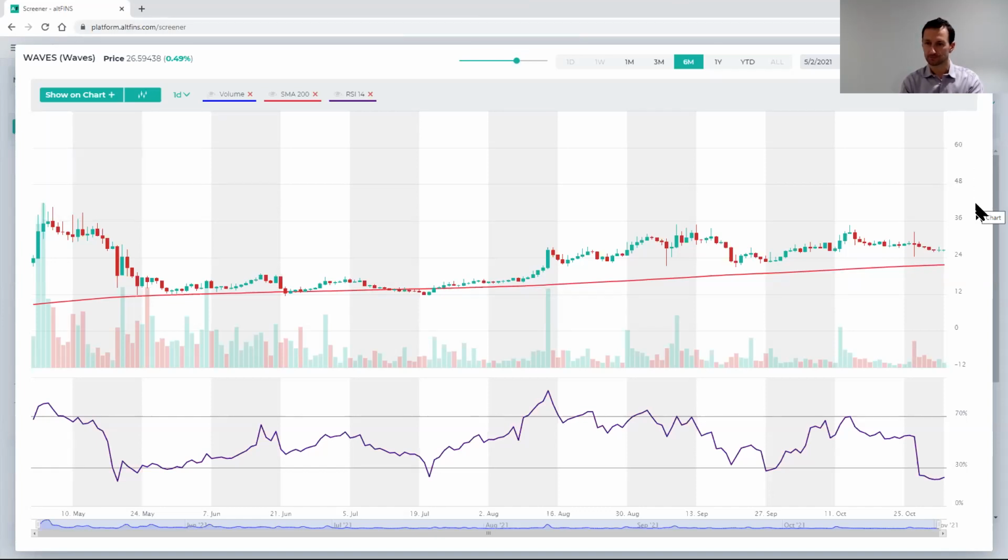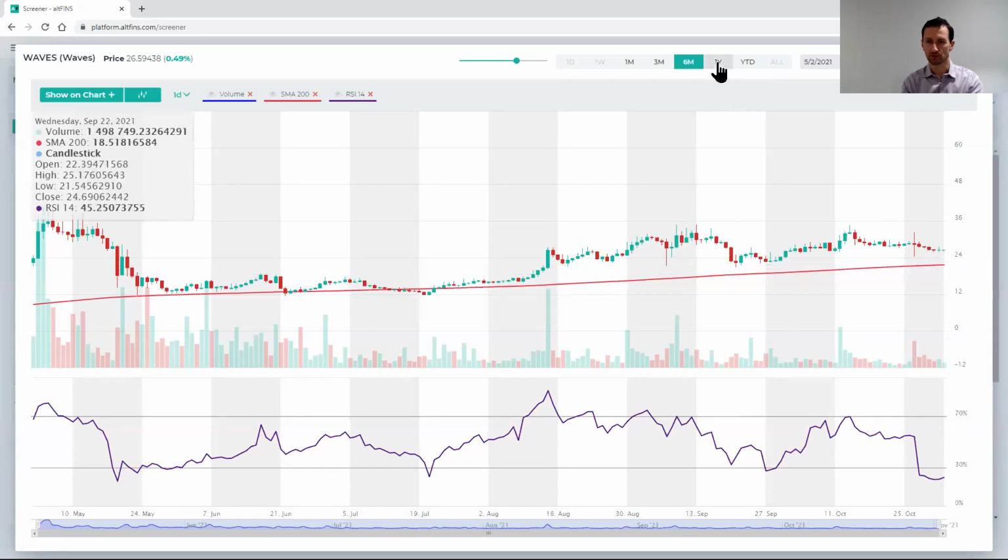So we're getting near the 25 level here. I'd say there's been a couple of touch points here where it acted as a support level. Here as well. Here it was broken, but for a very short period of time. So I'd say 25. And also, by the way, we're near the 200-day moving average, and that also acts as a dynamic support level.